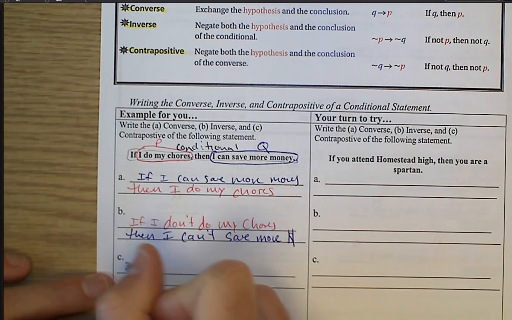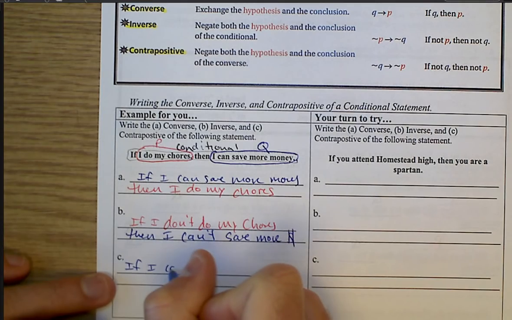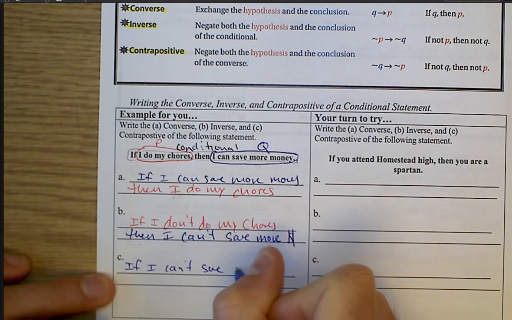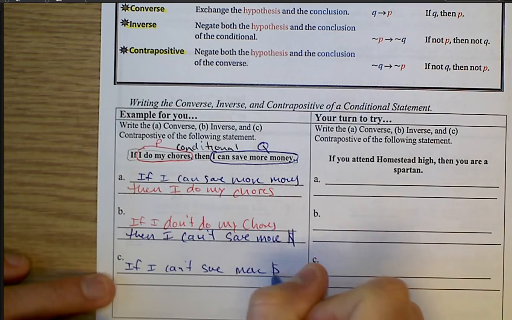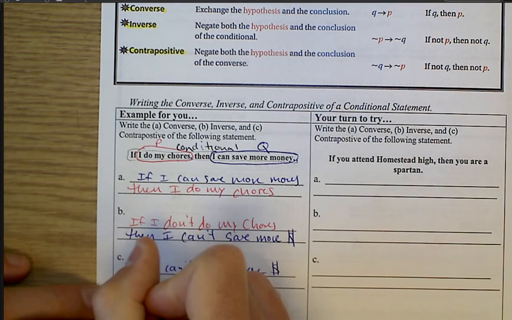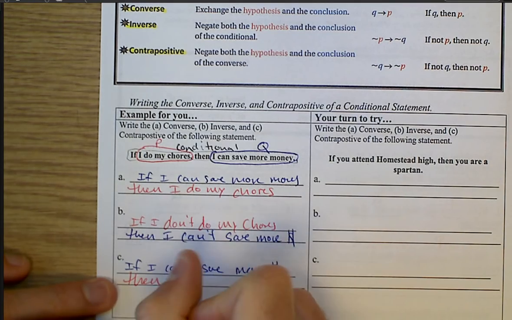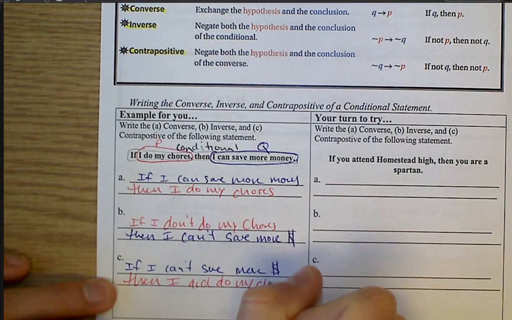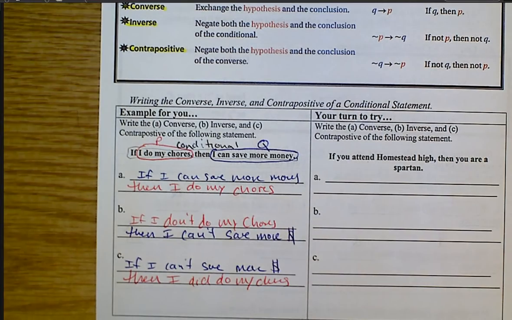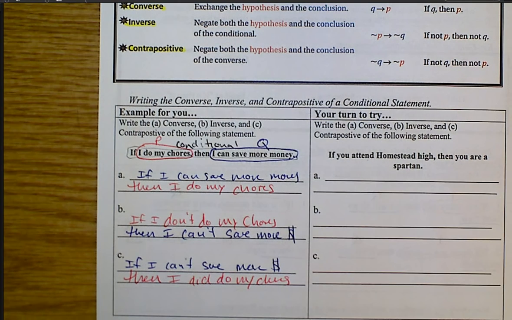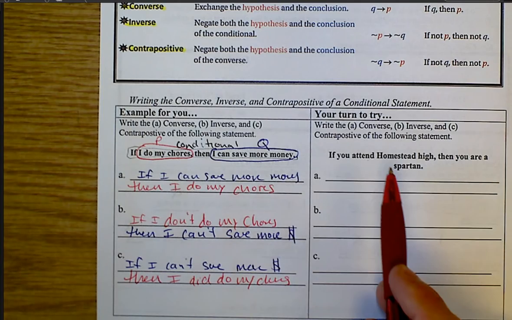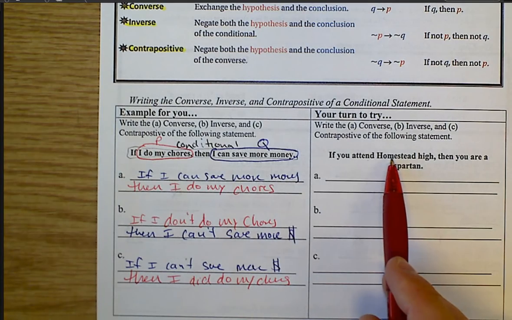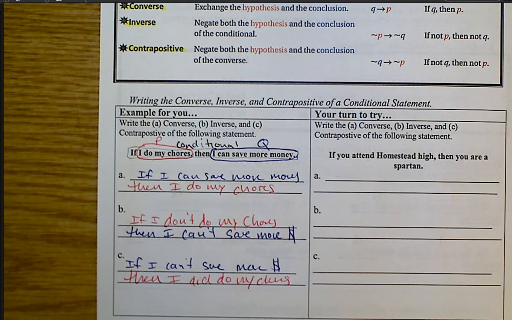If I can't save more money, then I didn't do my chores. Okay? All right, go ahead and hit pause. Try the ones on the right-hand side here. You're writing the converse, inverse, and contrapositive. This right here is your conditional statement. Go from there. All right, back at it.